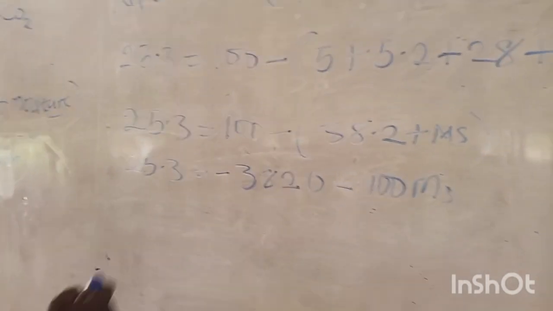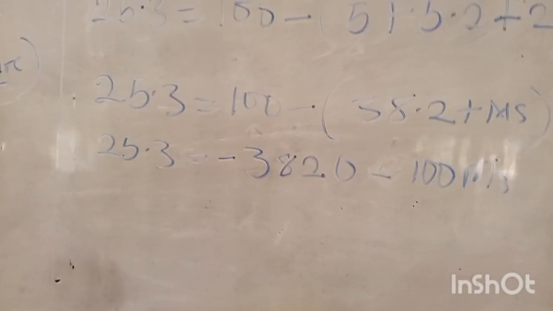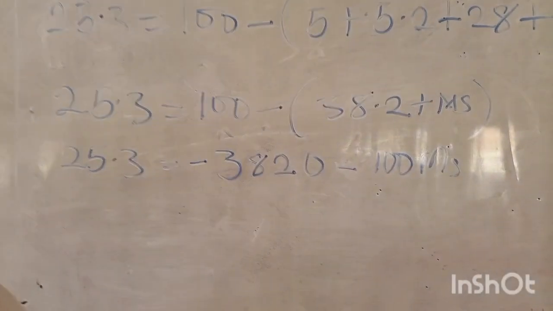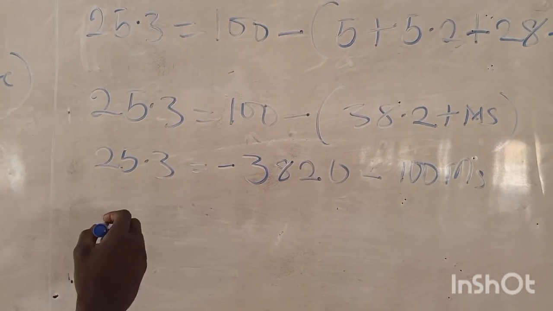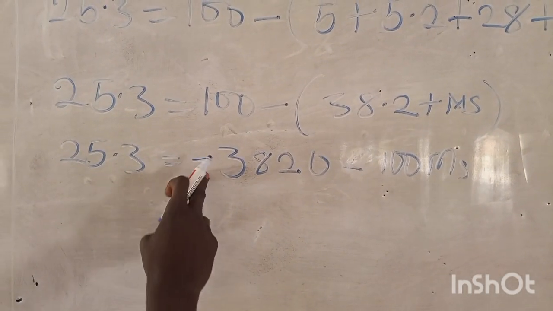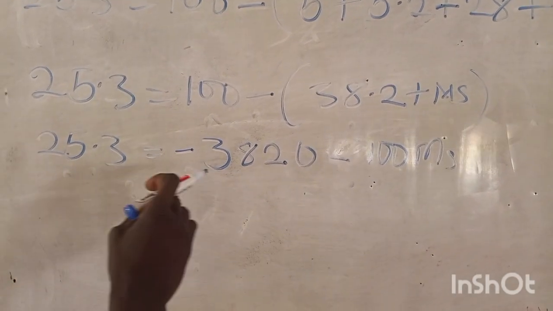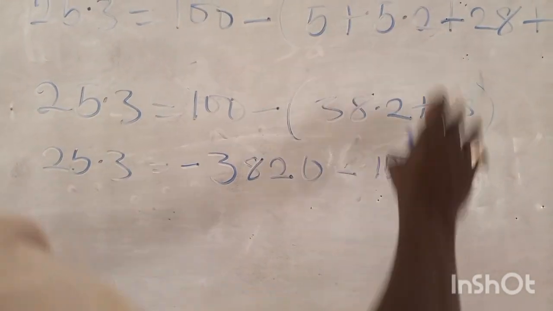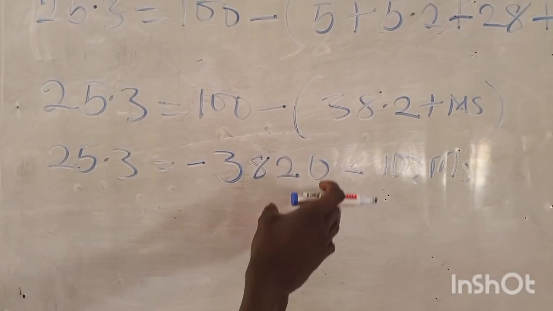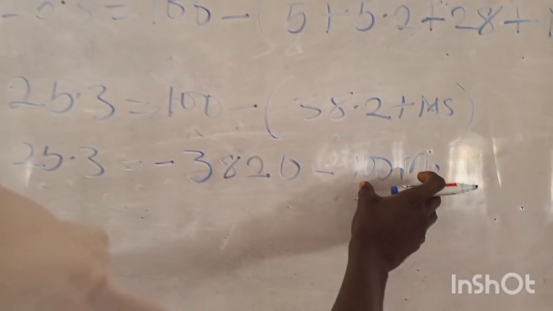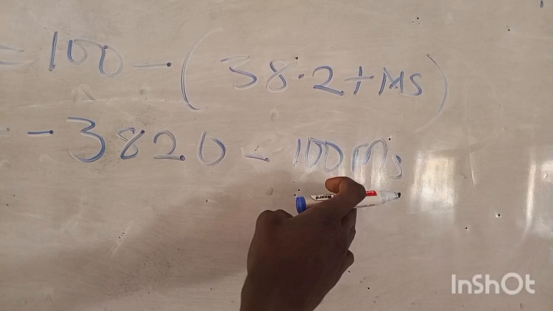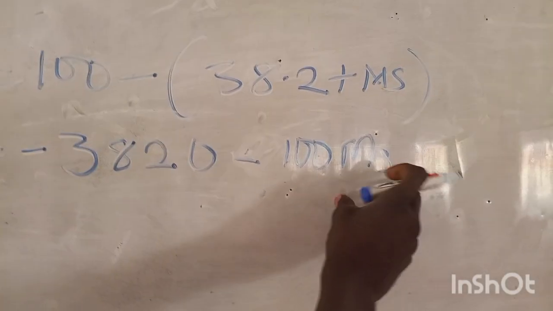Good. Now, the first thing we are going to do is collect the like terms. How do we do that? Look at this here. We are having 25.3 equal to minus 3,820 minus 100 MS. We are calculating for the MS, the moisture content now.